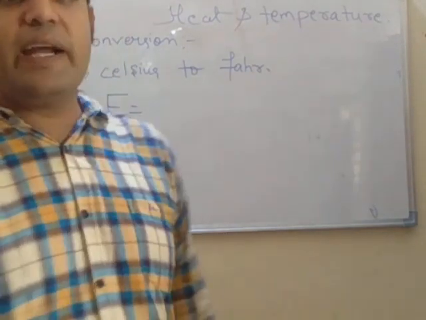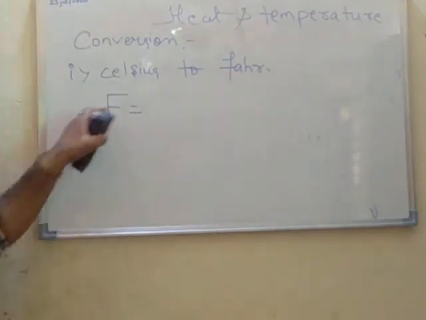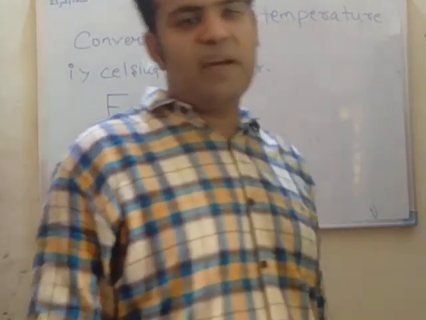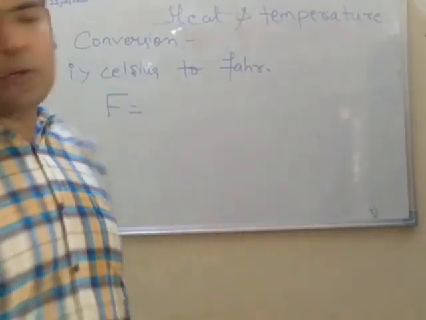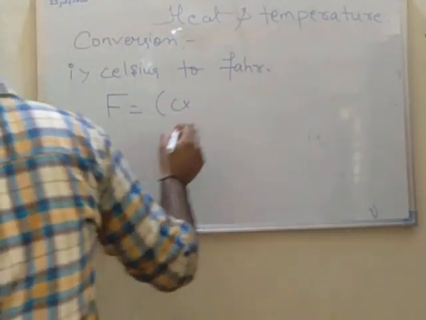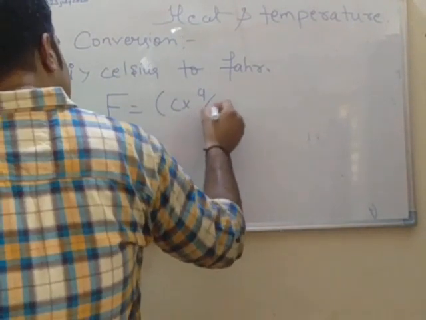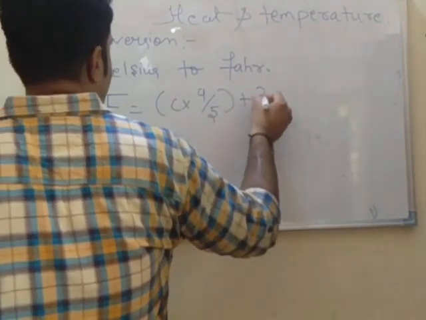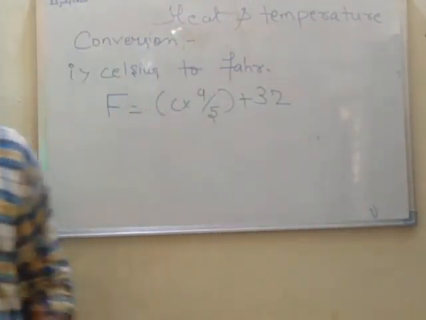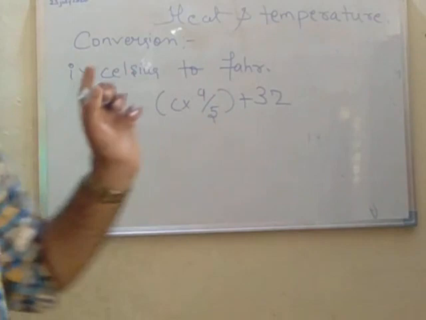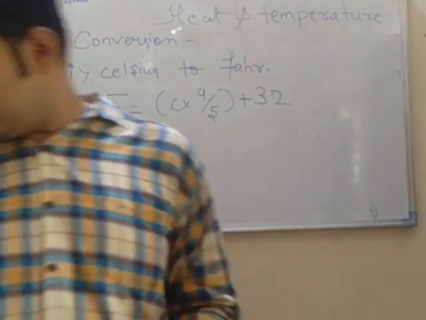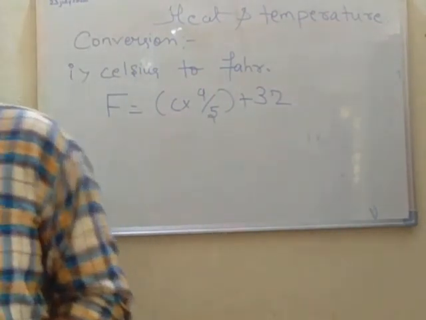F stands for Fahrenheit, which is a unit of measurement of temperature. This is the formula for conversion of Celsius to Fahrenheit.